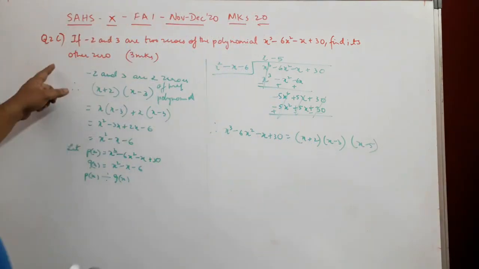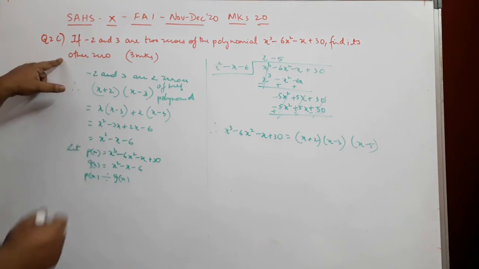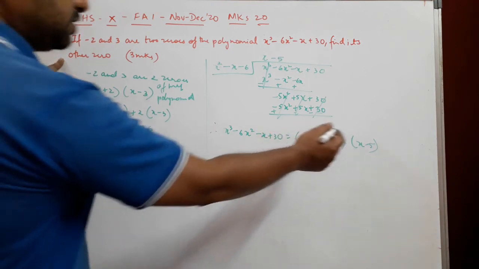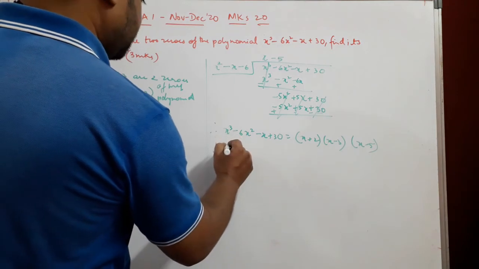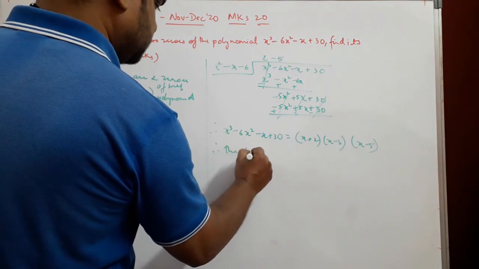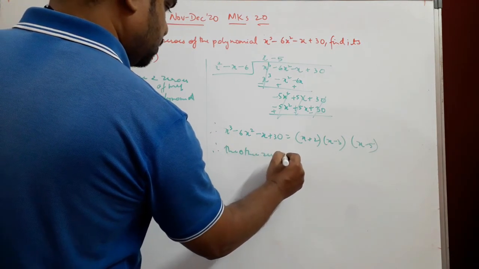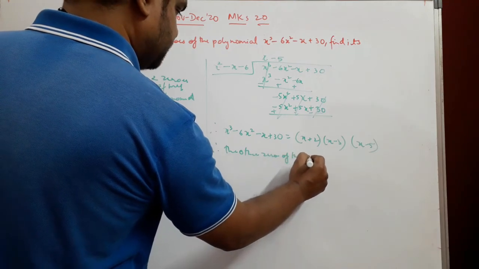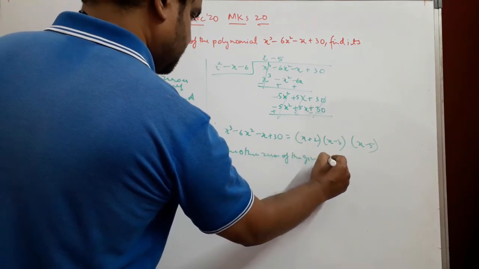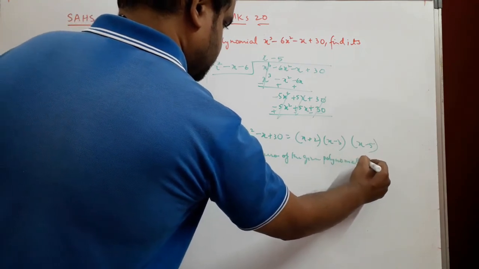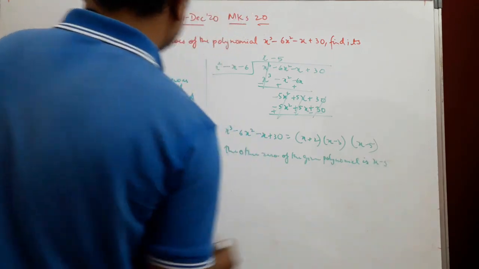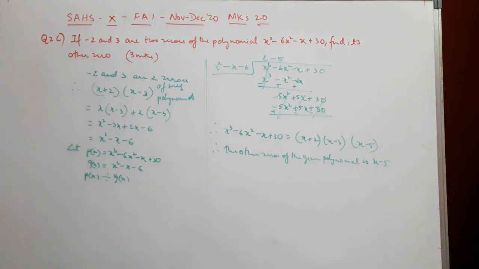So the other zero of the given cubic polynomial is x minus 5. That solves our problem for 3 marks.